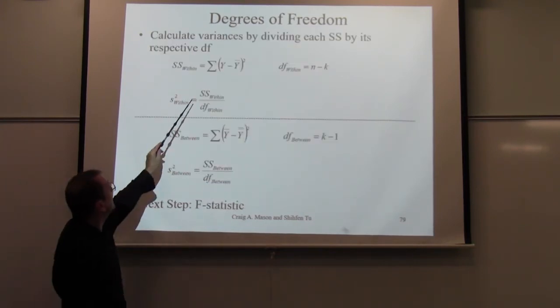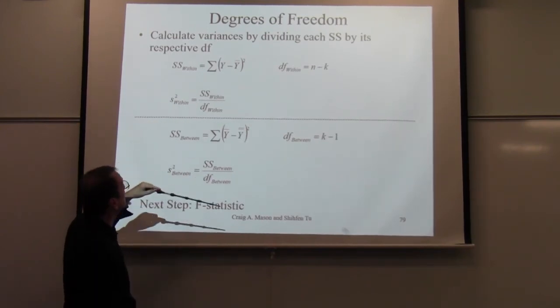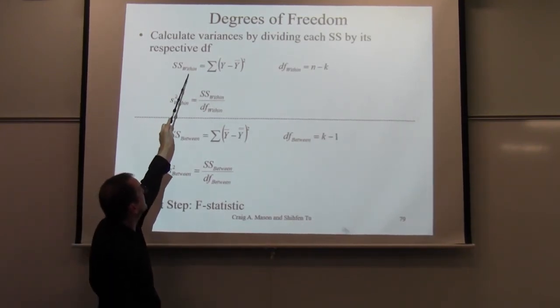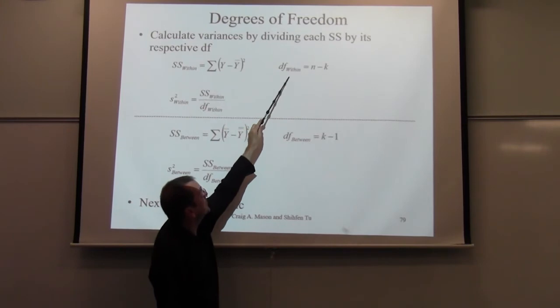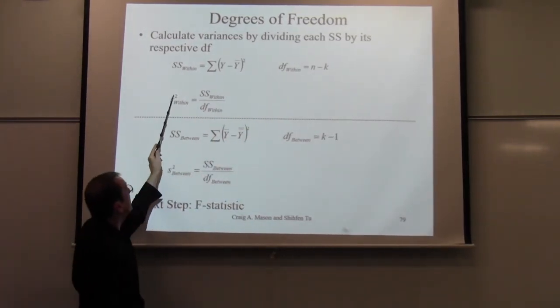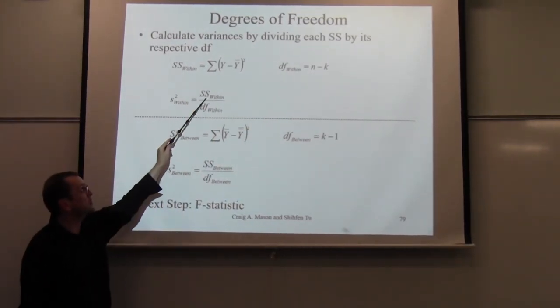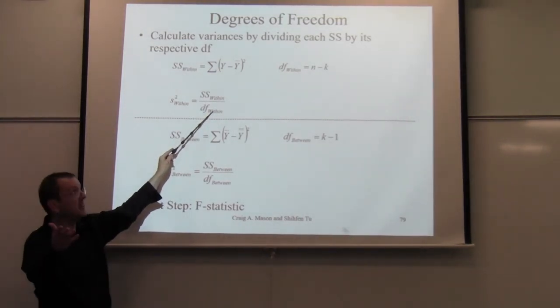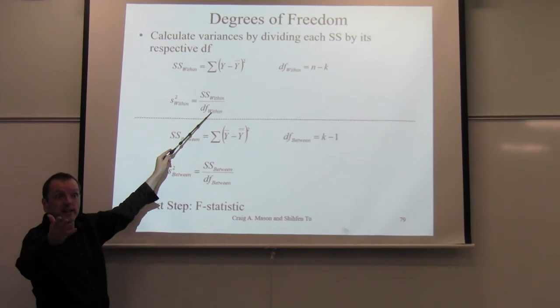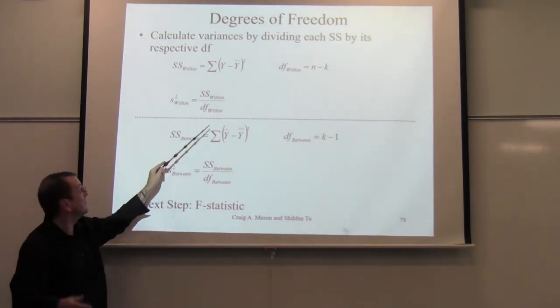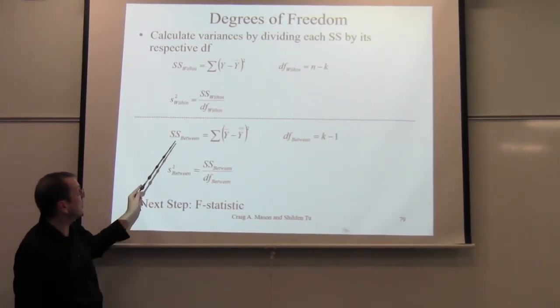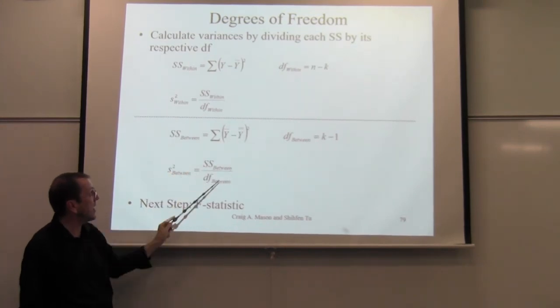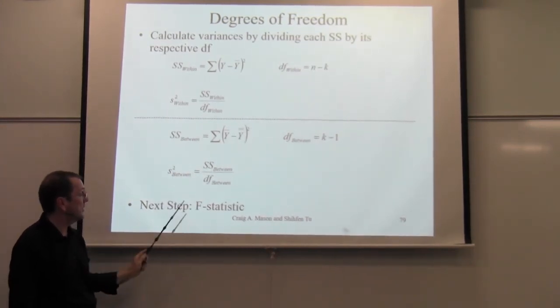Okay, so I've written this out to start to look pretty. Our variance within is just the sum of squares within divided by the degrees of freedom within, just like any variance. Our variance between is the sum of squares between divided by the degrees of freedom between.